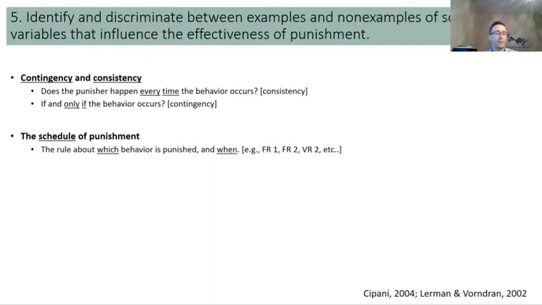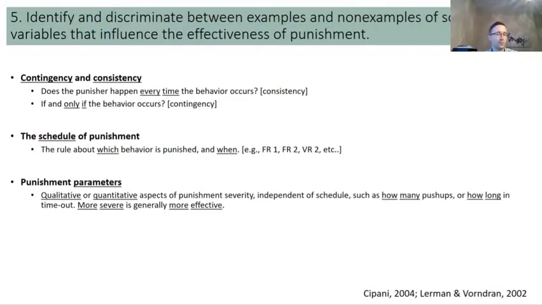If the contingency is weak, and sometimes the consequence is delivered for some other behaviors, that's another way that punishment procedures are weakened, and people try to do it that way and it doesn't function as punishment, and then they conclude punishment doesn't work. Well, it's usually just because they didn't deliver it contingently, they weren't consistent, they didn't deliver it every time.